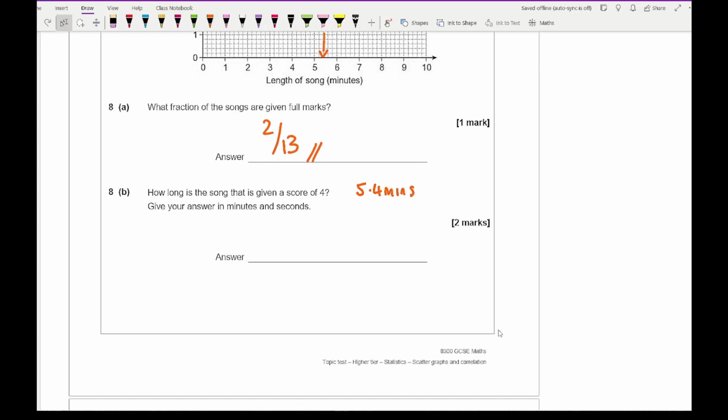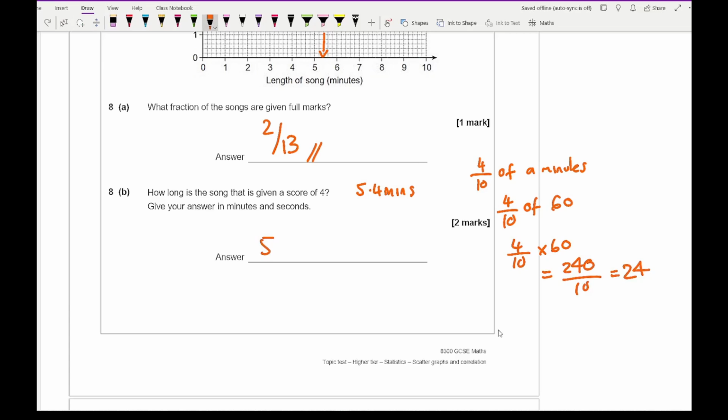Now converting that into time, well, that's 4/10 of a minute, and a minute is 60 seconds, so it's 4/10 times 60. So it's 4 times 60, which is 240, divided by 10 is 24.